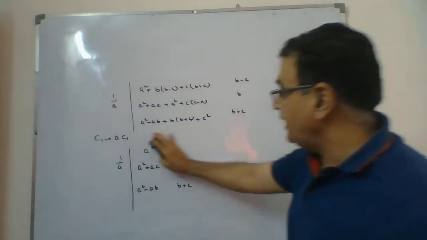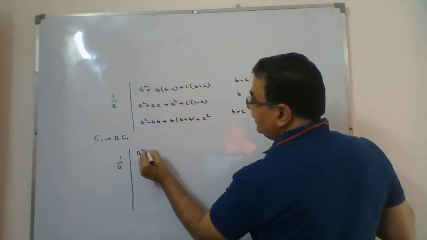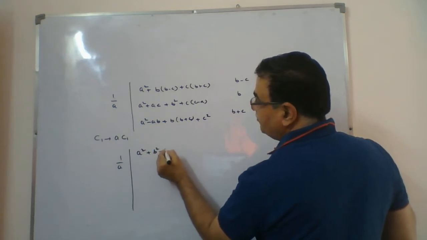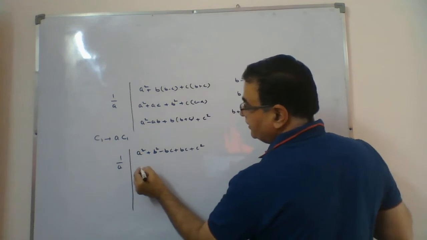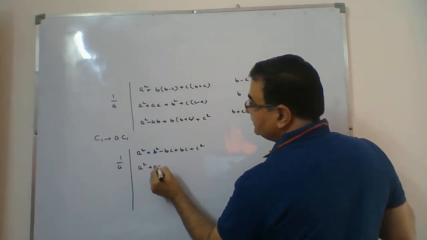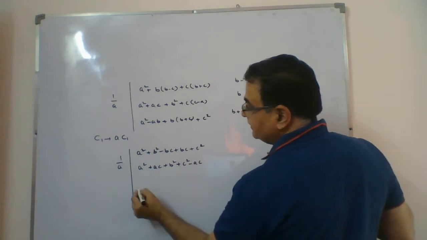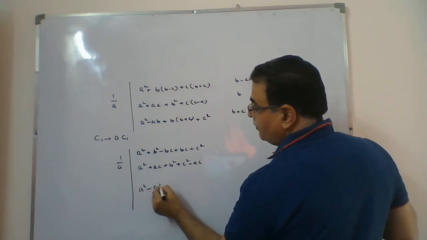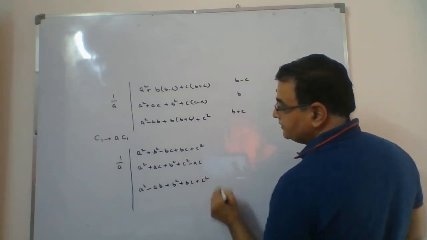Now how will it help, just check. It will become A square plus B square minus BC plus BC plus C square. Then A square plus AC plus B square plus C square minus AC. Then A square minus AB plus B square plus BC plus C square.